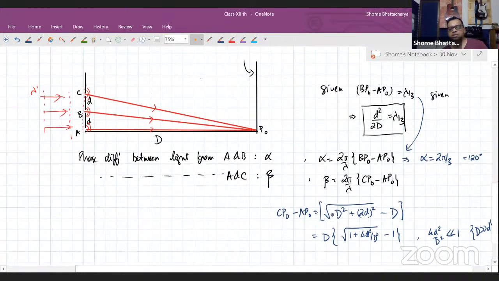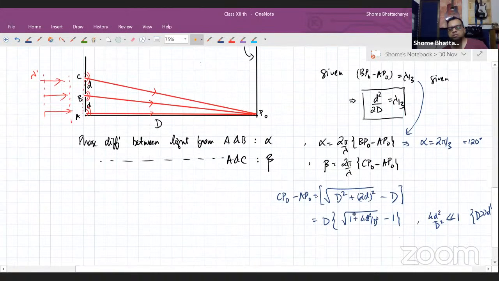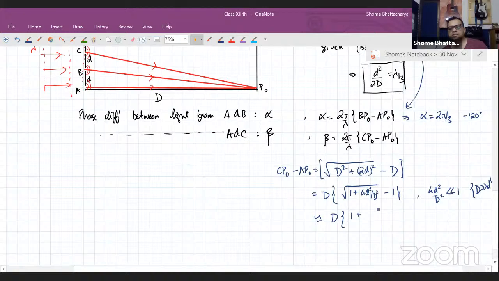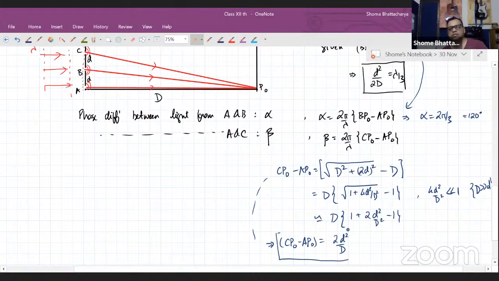So approximation step, 1 plus 2 times d square by D square minus 1. So this becomes 2d square by D. So Cp naught minus Ap naught becomes this quantity.